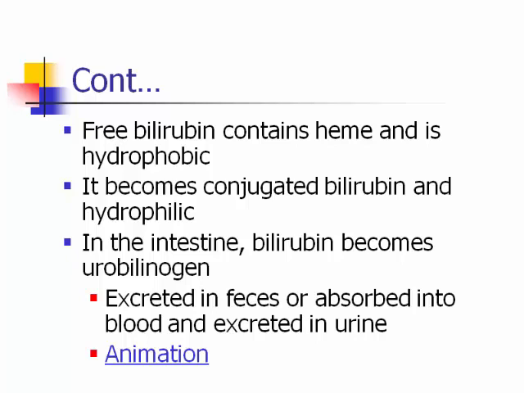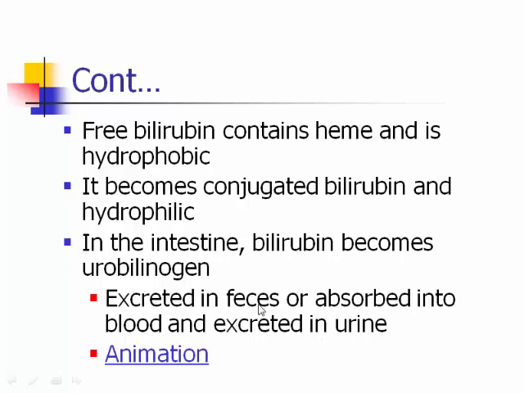You remember a red cell only lives how long? Like 4 months. So we have to continually make new red blood cells, remember? So the heme has to be removed. One of the things that we'll do is it will be removed through the bilirubin, and in the intestine bilirubin becomes urobilinogen. Urobilinogen is excreted in the feces or absorbed into the blood and excreted in the urine.